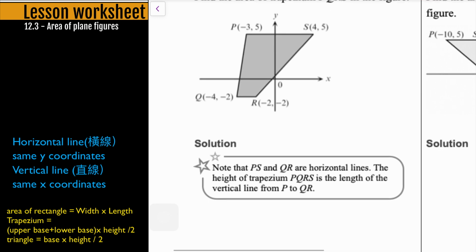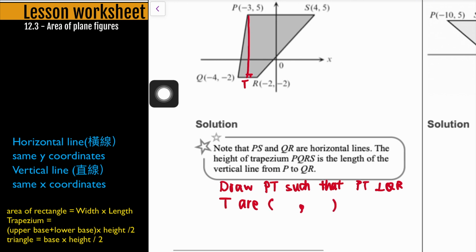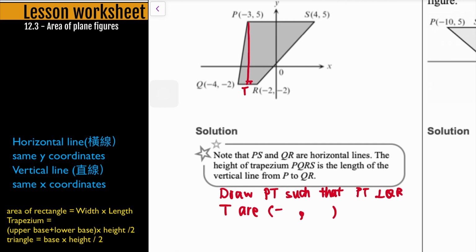Now we just need to draw the height like this. We can label PQ, S, R, S, T, and then maybe this is PT. We can draw PT such that PT is perpendicular to QR. And once again, for T we can write the coordinates in brackets, and we will know this is going to be -3 and then -2.